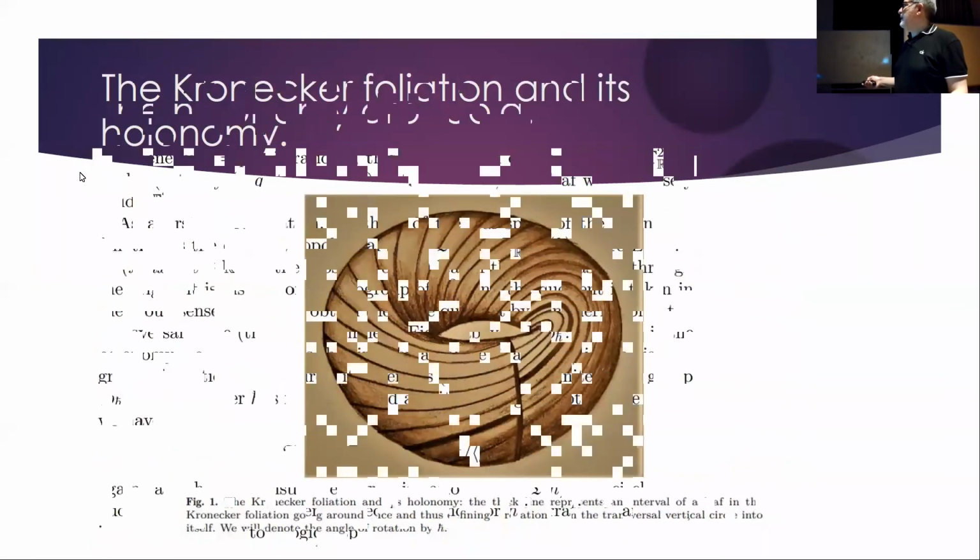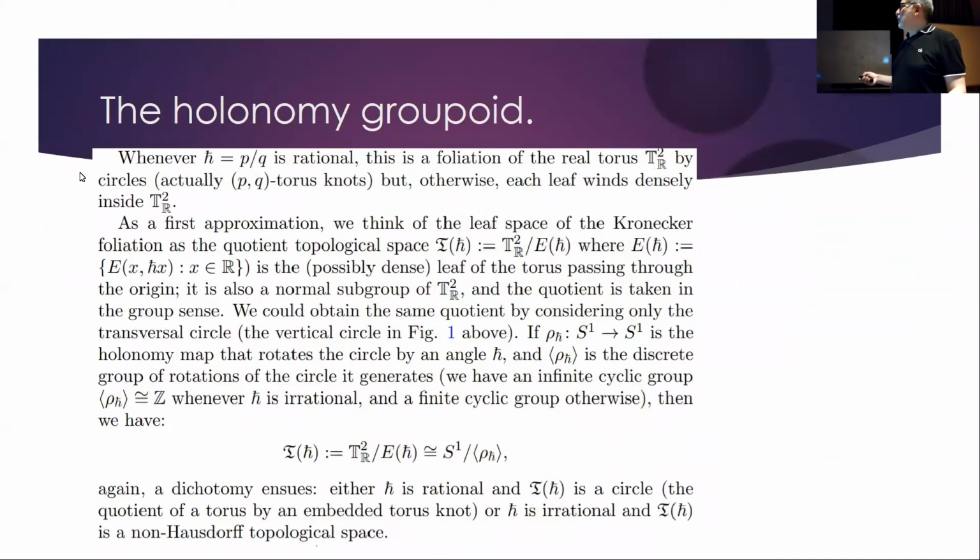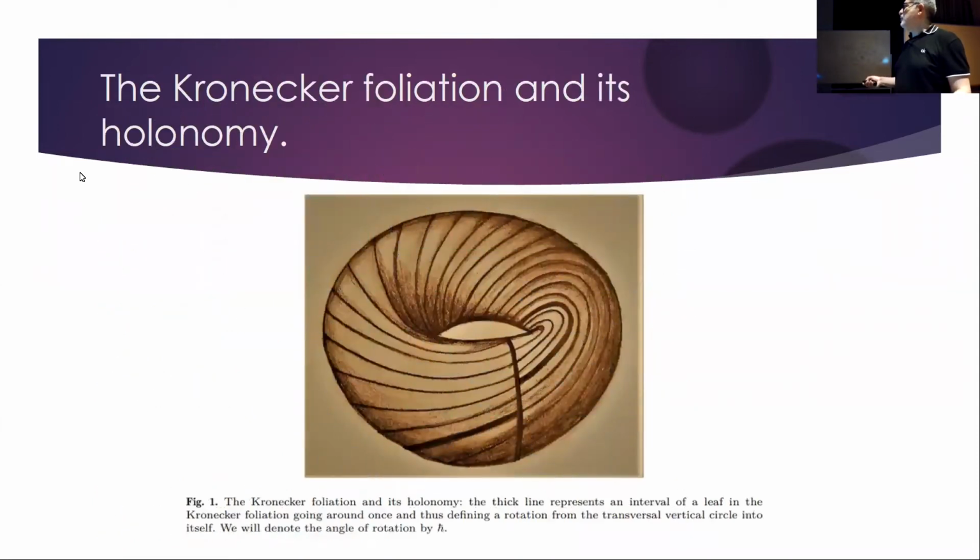In any case, the holonomy groupoid of this foliation is very important for us, of course. It's what you think it is. You consider the foliation, and you consider points on the torus, and then an arrow between two points is a homotopy class of paths from one point to the other in the same leaf.